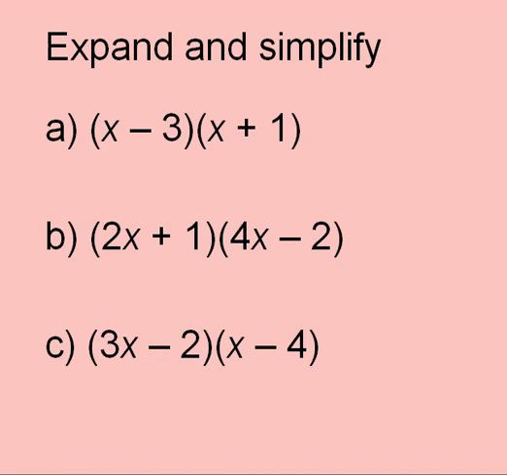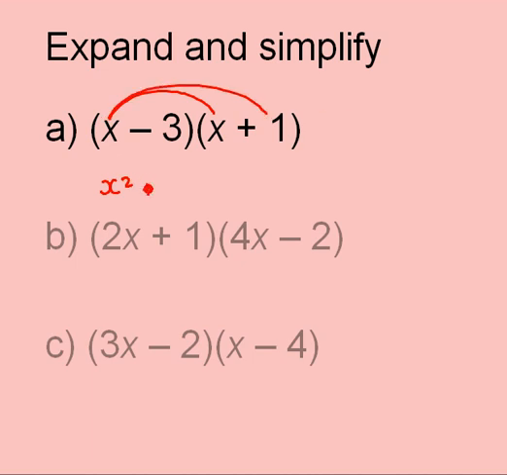Now these questions are more difficult because you can see we've got negatives in them. Let's start with this one. We're going to answer it in the same way. So we're going to multiply everything here by x. X times x is x squared. X times plus 1 is plus 1x, which I write as plus x. Now I've got to multiply everything here by minus 3.